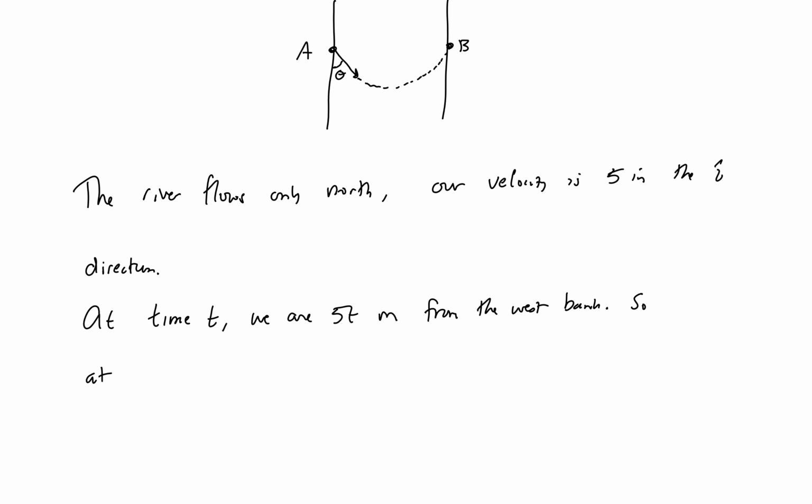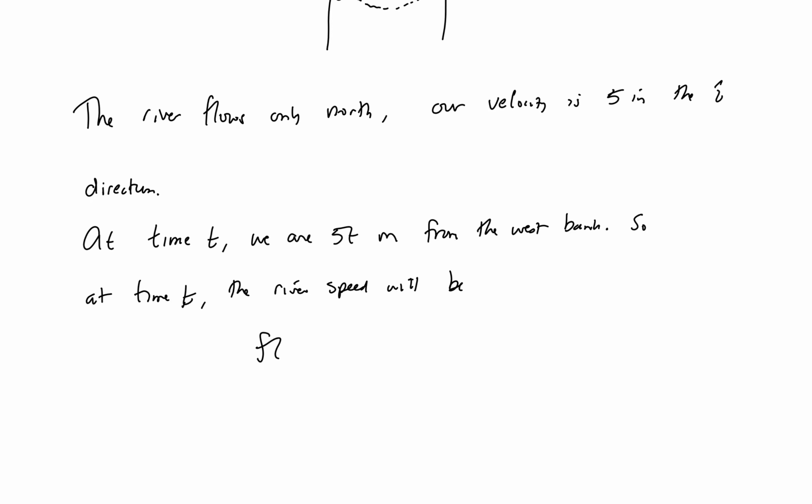So at time t, the river speed will be f of 5t, which is 3t over 80 times 40 minus 5t. So just plugging that into our equation.